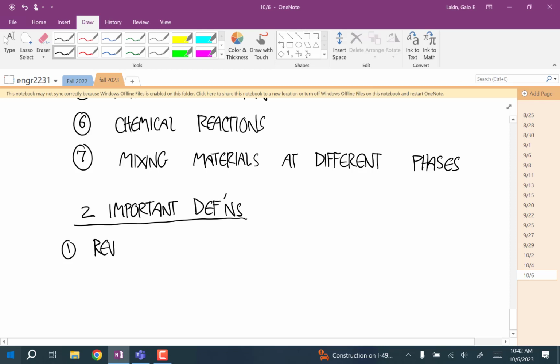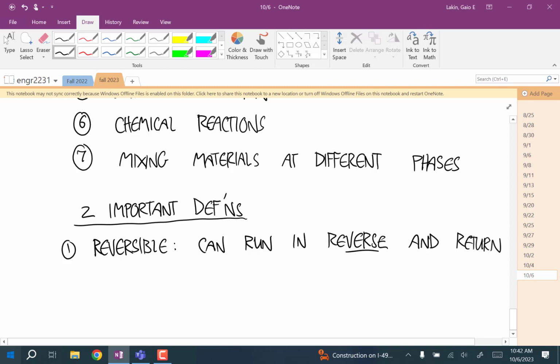Reversible means you can run a process in reverse and return both the system and the surroundings to the starting states.